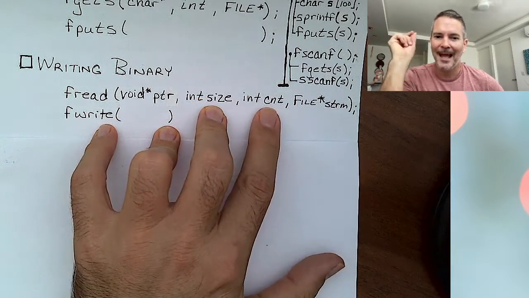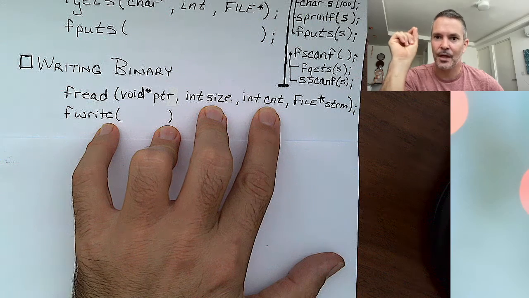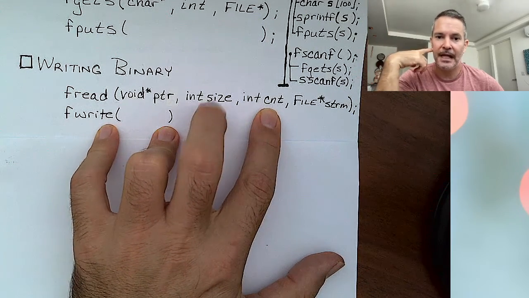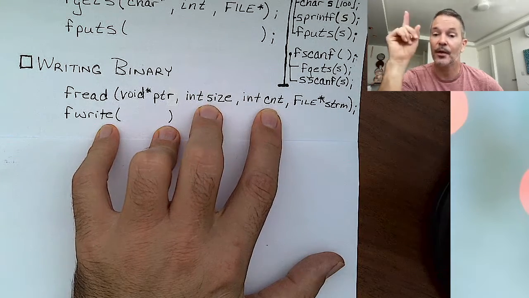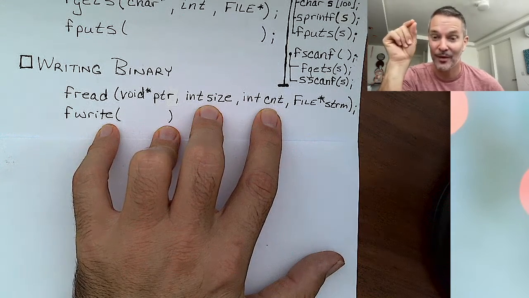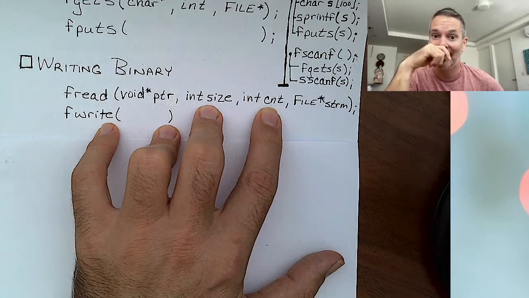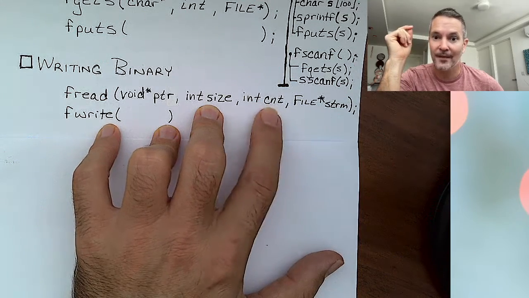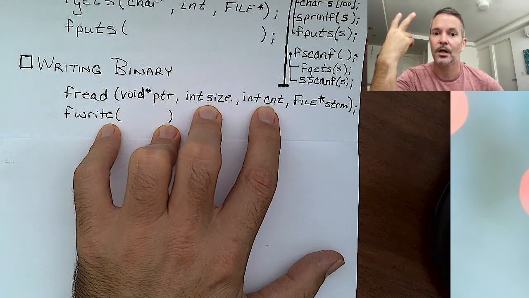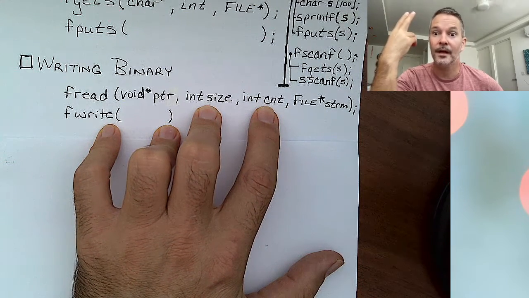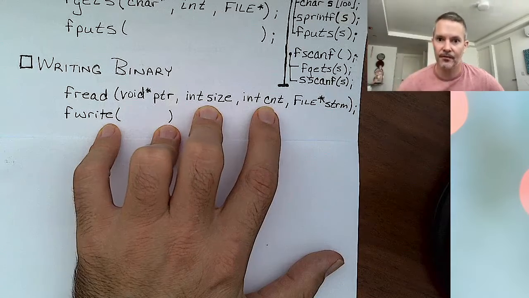Then you say, how many of these do I want to read? So if I put a 1 for size, saying I want to read 1 byte, and I put a 2 here in the count variable, I'm saying I want to read out 2 1-byte blocks of the file.